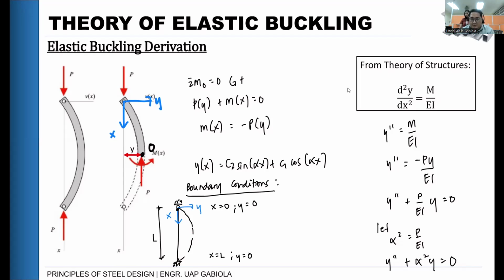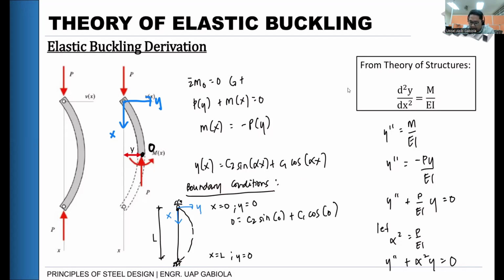Okay? So, ayan. Balik tayo dito. So, we can now substitute yung value ng ating boundary conditions with our equation. So, with the first one, ito. We have 0 is equals to C2 sine of 0 plus C1 cosine of 0.